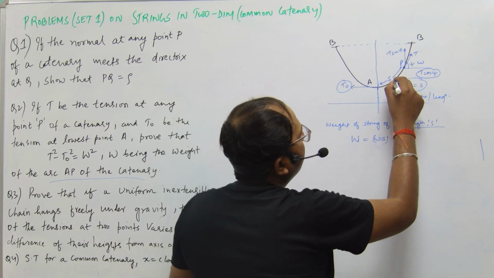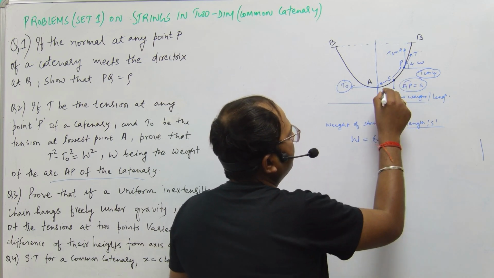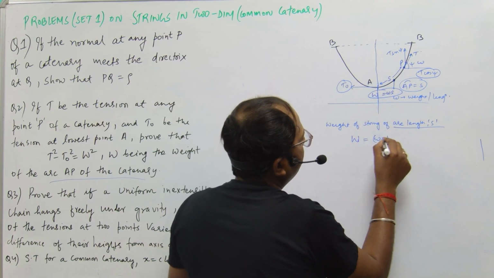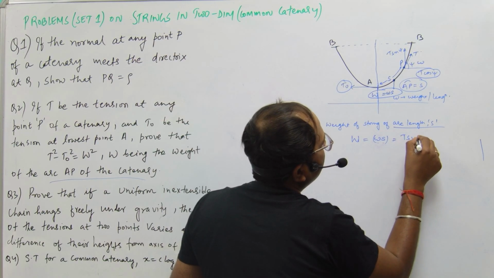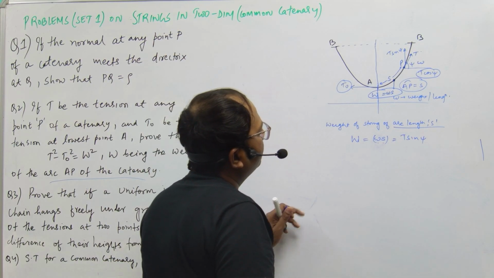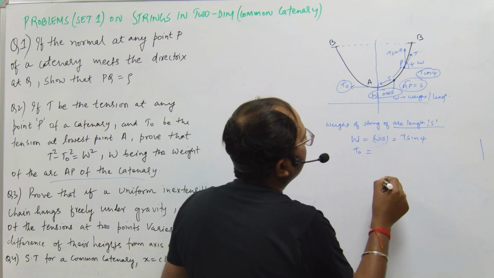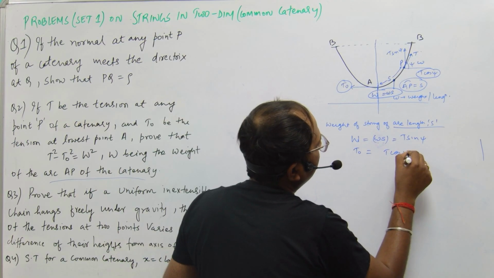So this is equal to small w into s, the weight of s length of the string, which is equal to capital W as given in the question. So capital W is equal to small w into s, and this is equal to T sin psi. And T naught is the horizontal component, so T naught is equal to T cos psi.